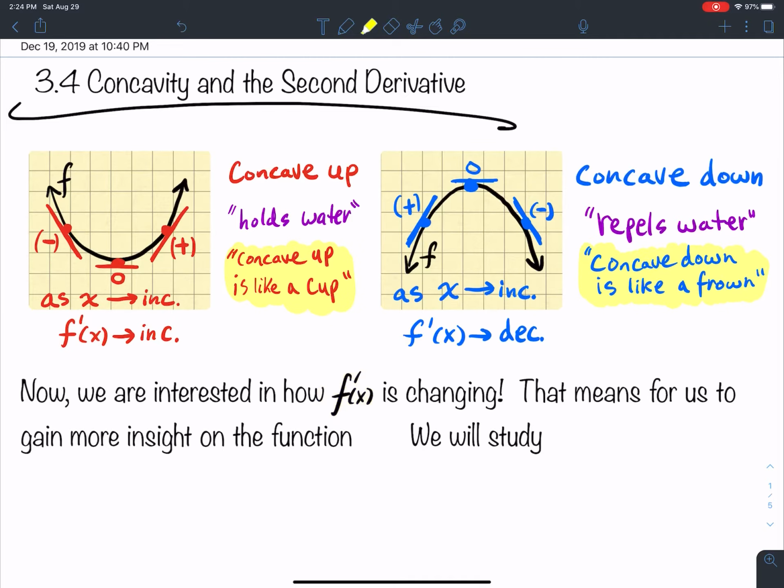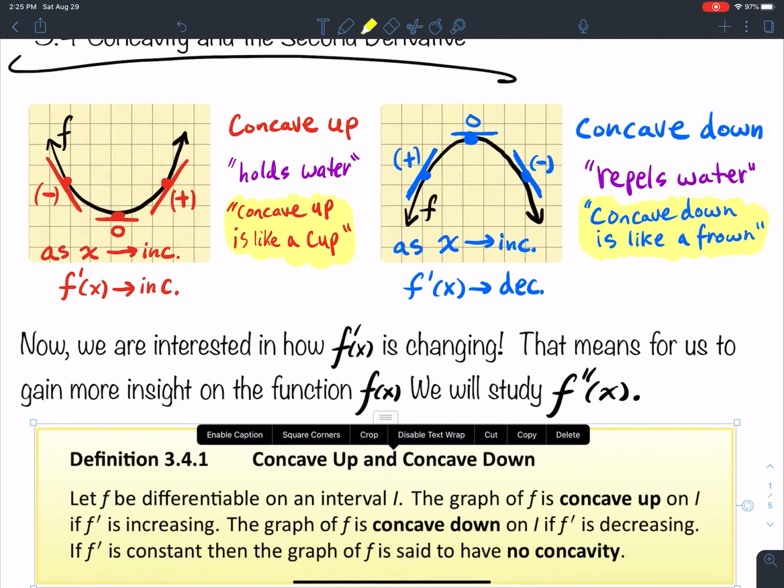So for us to gain more insight on the function f of x, we need to study f double prime of x. The derivative is how f changes, so if we're going to study f prime, we need to see how f prime changes, which is f double prime. So we're just going one more layer into the rabbit hole.